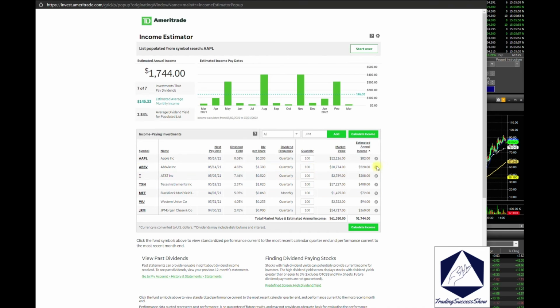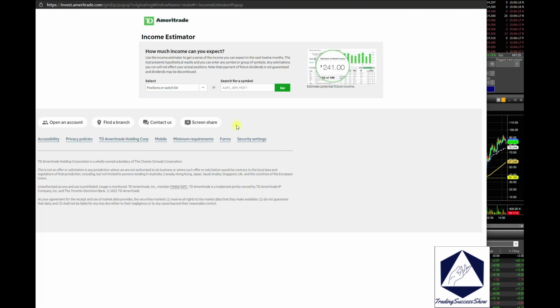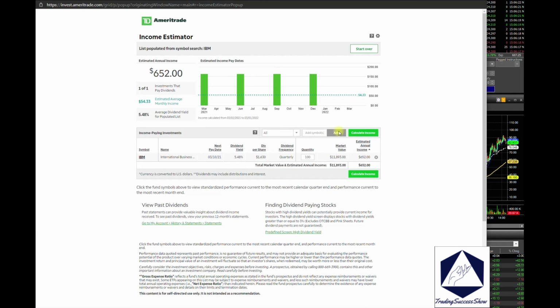Okay, so it is very important that you understand this tool that TD Ameritrade has. It's called Income Estimator. You can use it to estimate your income every single year or quarterly. Okay, if you're done with it, you can always start from scratch and start typing different stocks, say IBM as well.